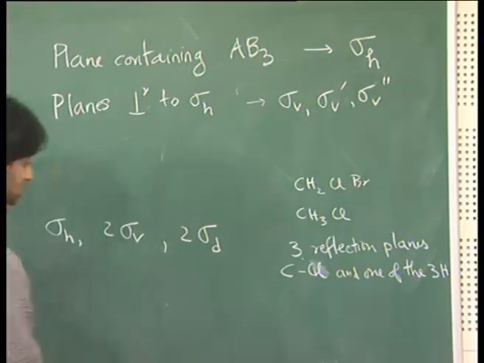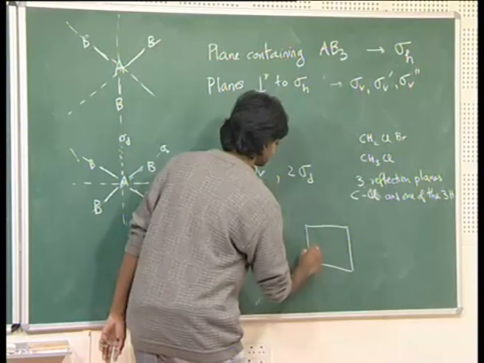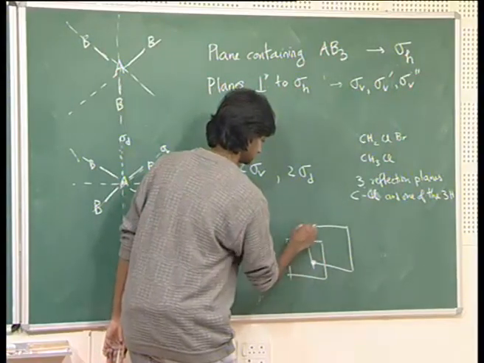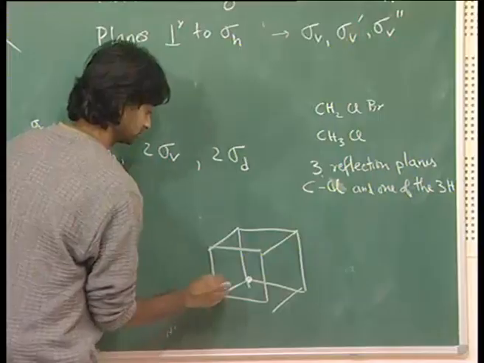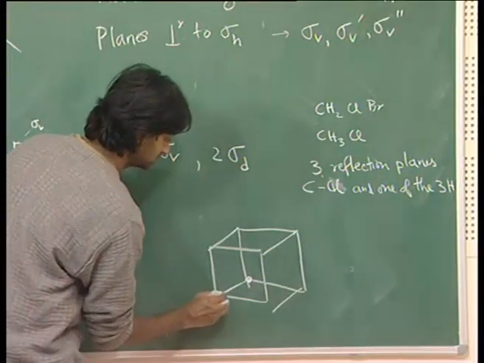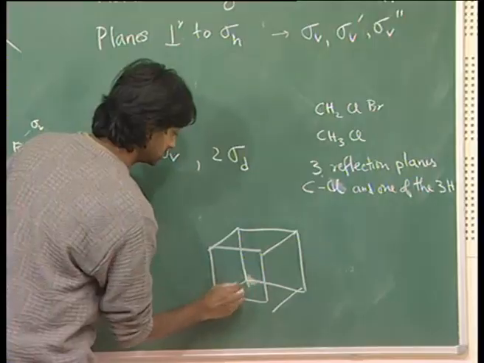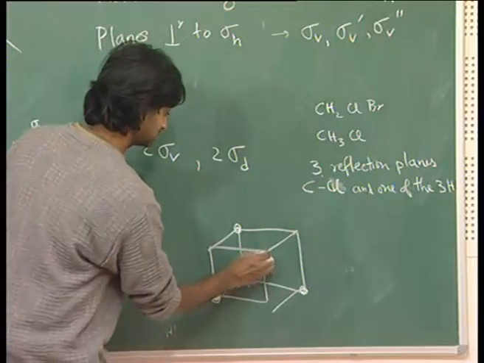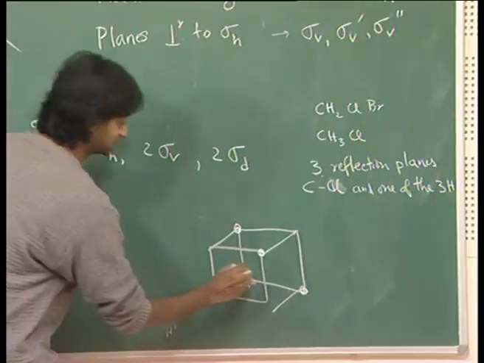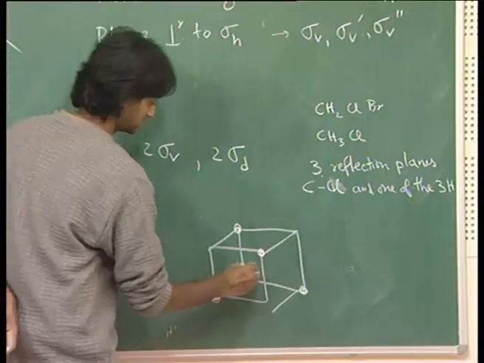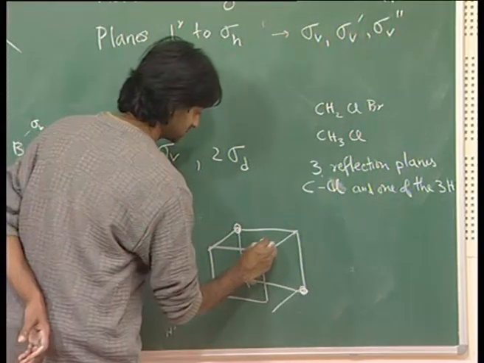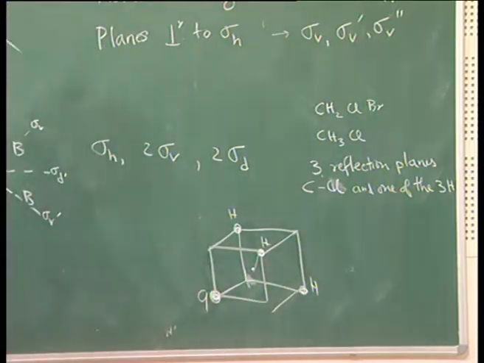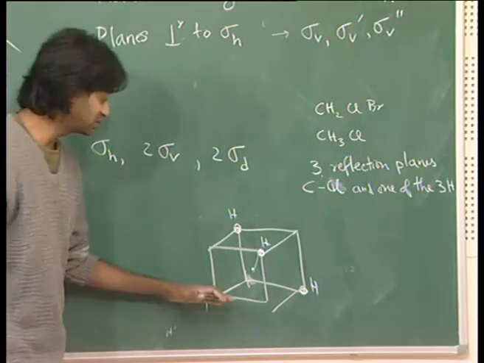Just to show you, this will look like this. If you had these 4, the C is at the center. Let us make this H, H, H, Cl. Then you can consider various planes.